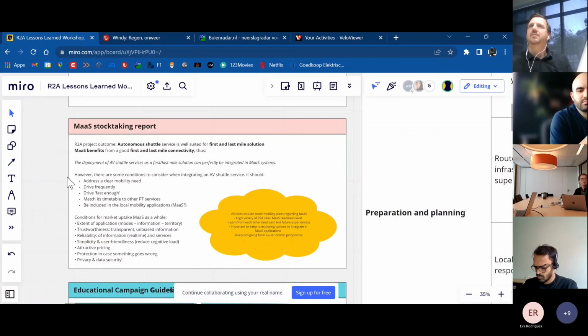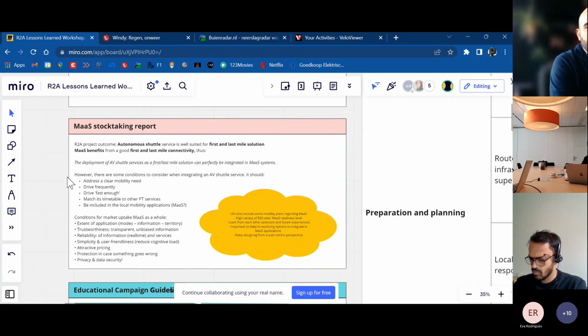Discussing the first deliverable, D1, the MaaS stock-taking report. I sent out, I think, to EPF and Daniel, a 0.9 version two days ago. In the beginning it felt challenging to link the outcome of a stock-taking exercise to what our Ride2Autonomy pilot sites have done.